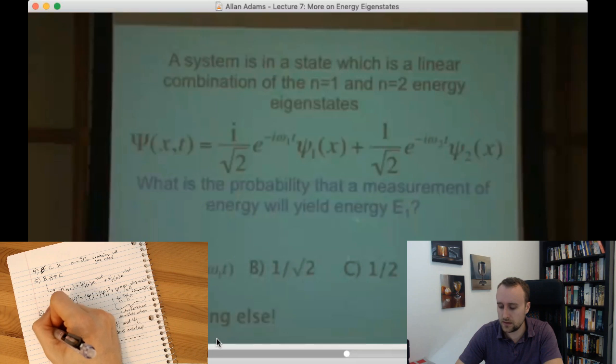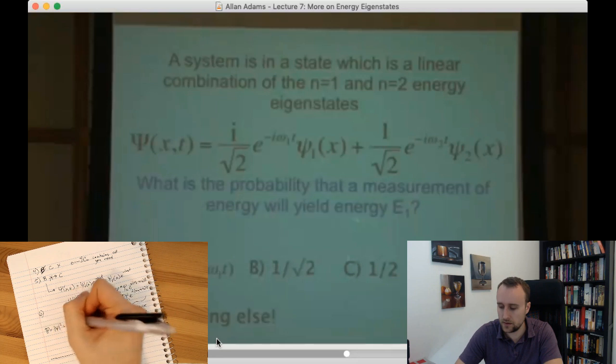So P is going to be equal to this squared, or the complex conjugate of this, which we're going to take.